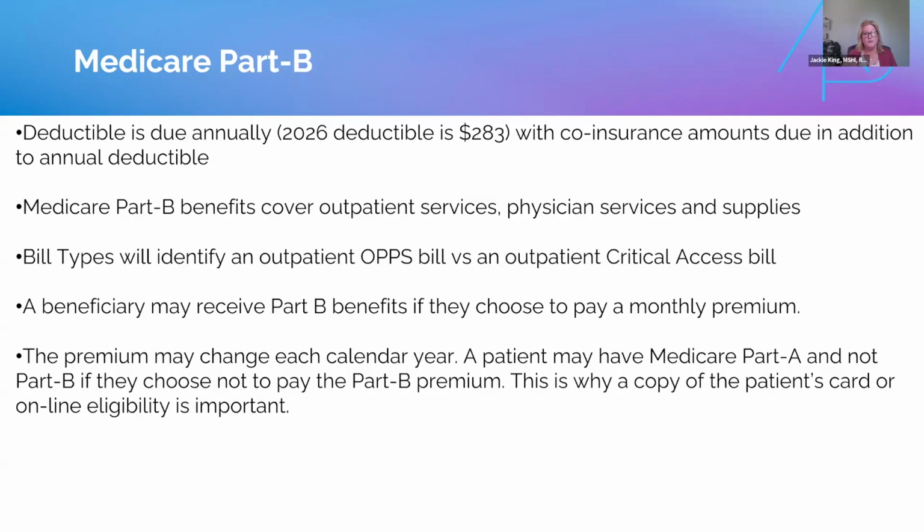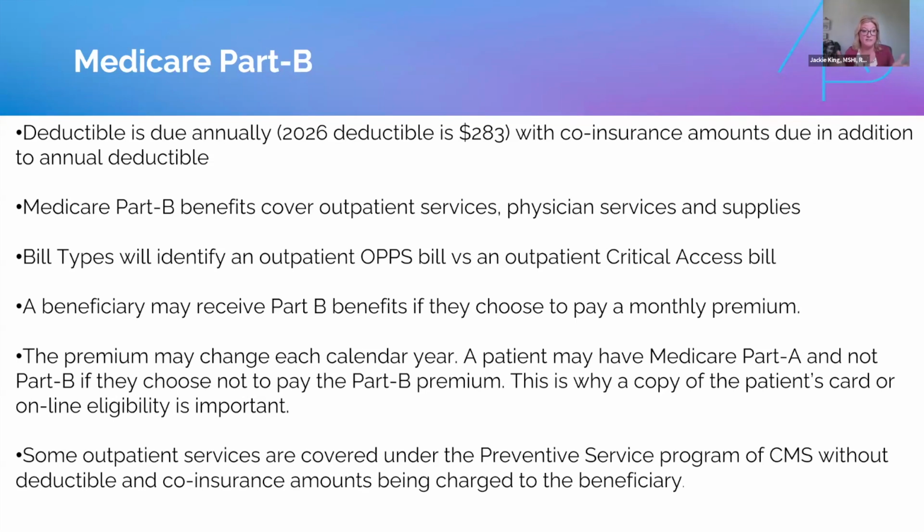If they come into your swing bed unit for Part A and they have it, but they have physicians seeing the patient, those are self-pay. Those are uninsured visits. There is no insurance coverage for when the doctor does his or her H&P or any progress notes or the discharge summary. So your billers or your patient financial advocates need to start having conversations with that patient about help paying for your uninsured, uncovered Part B related services.